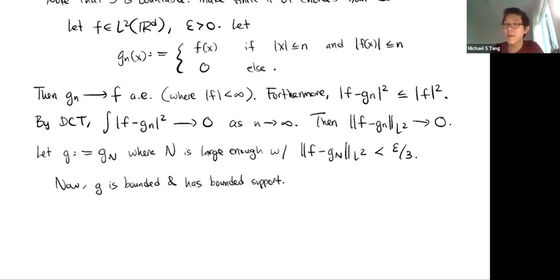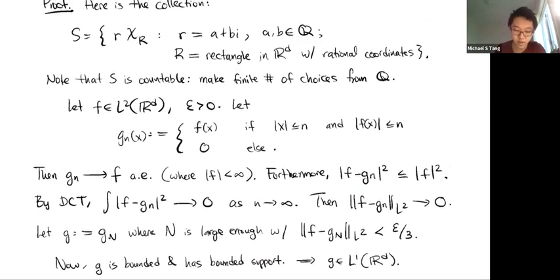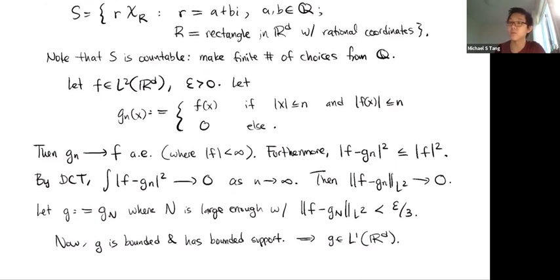So in particular, that means G is in L1. G itself is integrable. So if you recall a theorem from chapter 2, that means that we can approximate G by step functions, which is going to tie in with our definition of S, because we want to look at step functions.